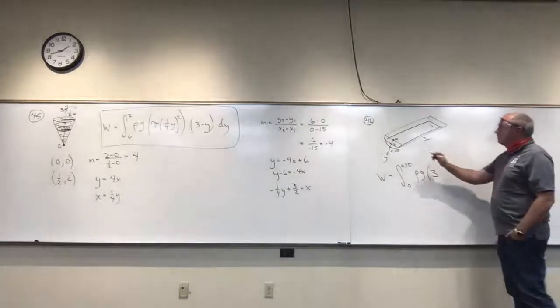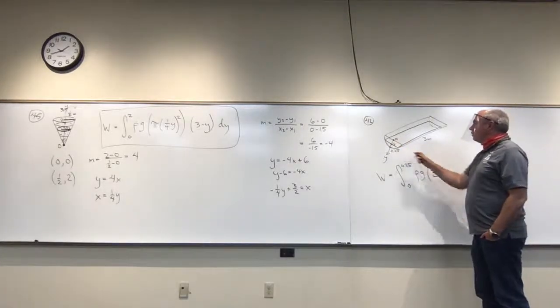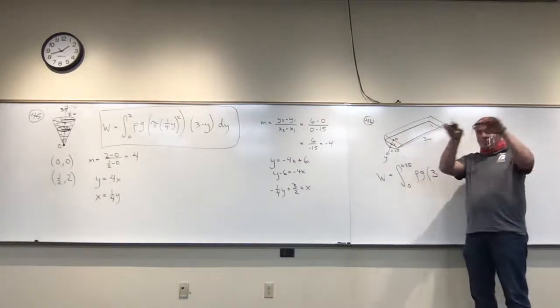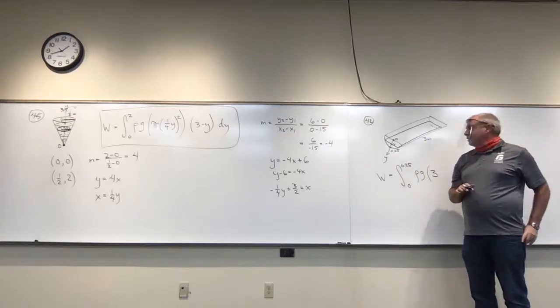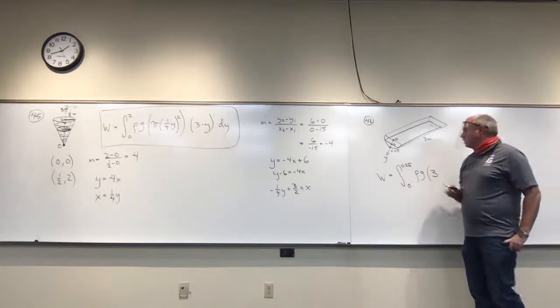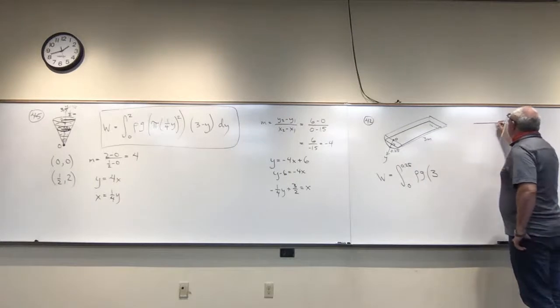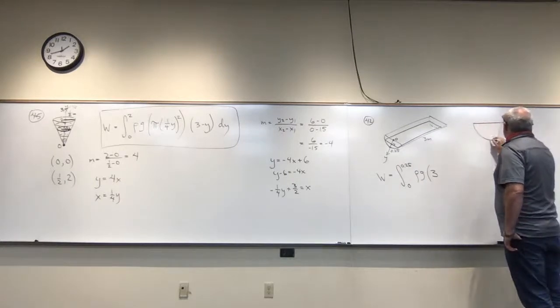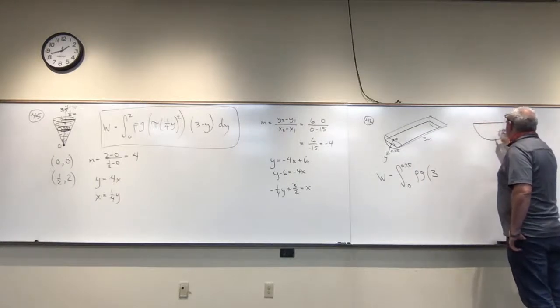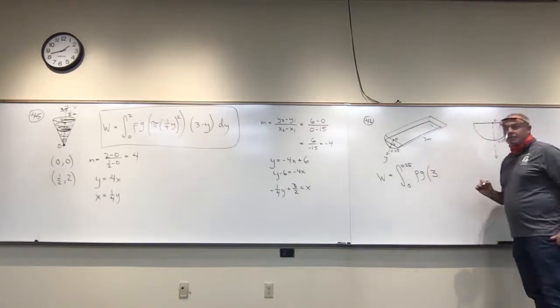And then I need to multiply that by the width, which is kind of the width across the top of a semicircle, right? That's interesting. Let's just look at the side of that tank for a second. So it's a semicircle. This is 0. Here's my y-axis. This is 0.25, correct?